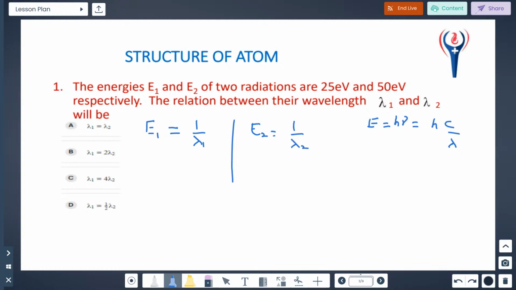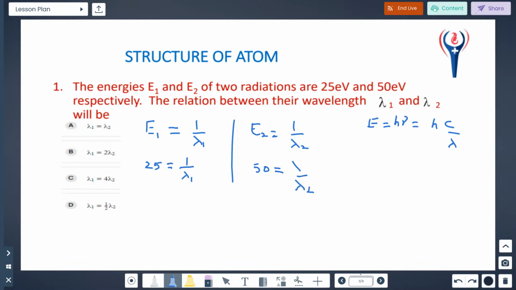We have to relate the wavelengths lambda 1 and lambda 2 only. The energy is given, so we can put 25 equal to 1 by lambda 1, and 50 is equal to 1 by lambda 2.